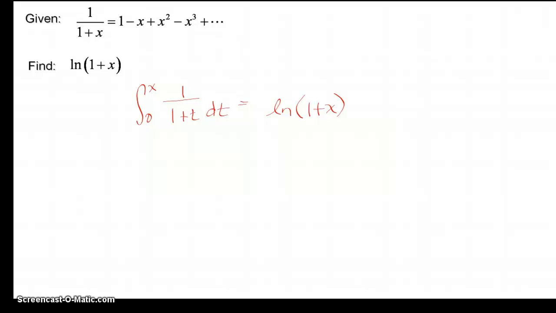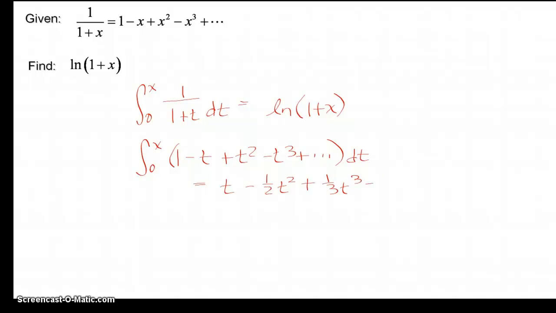And therefore, we want to show that the result of that integral will yield us the power series for the natural log of the quantity 1 plus x. So let's do that. Let's find the antiderivative. We're doing it with respect to t.